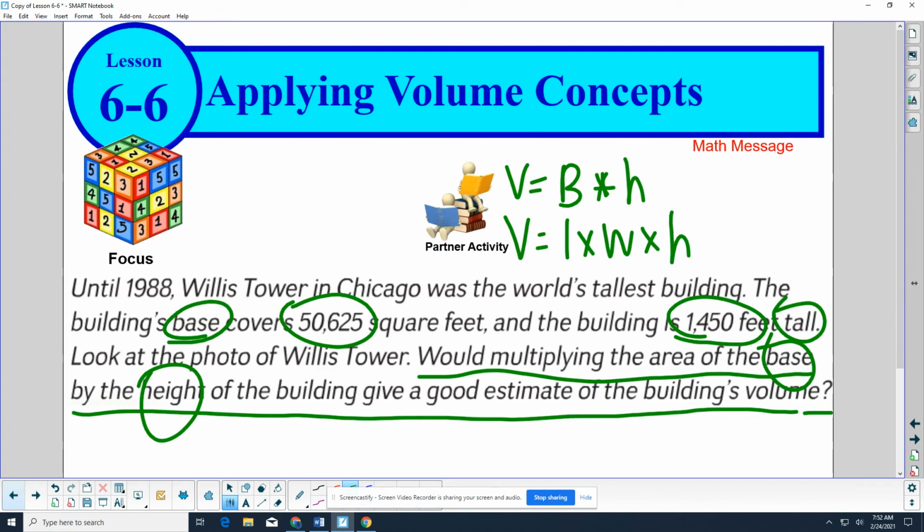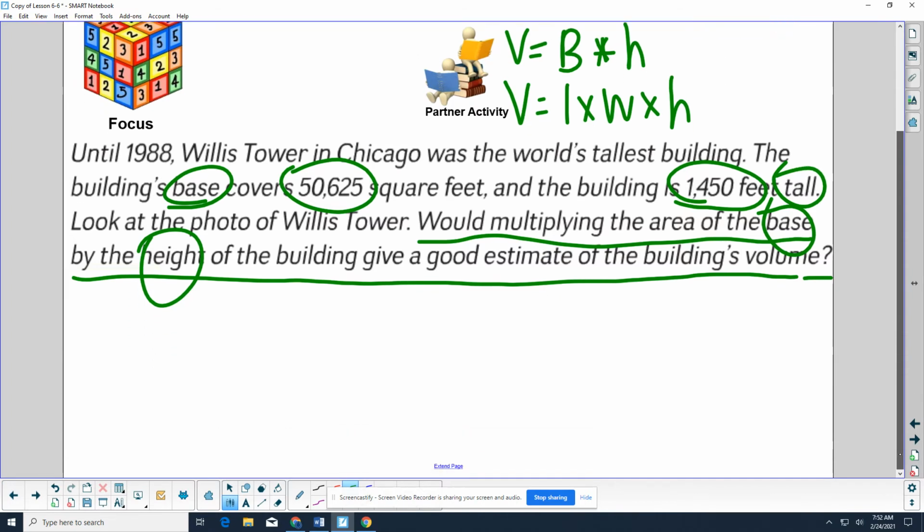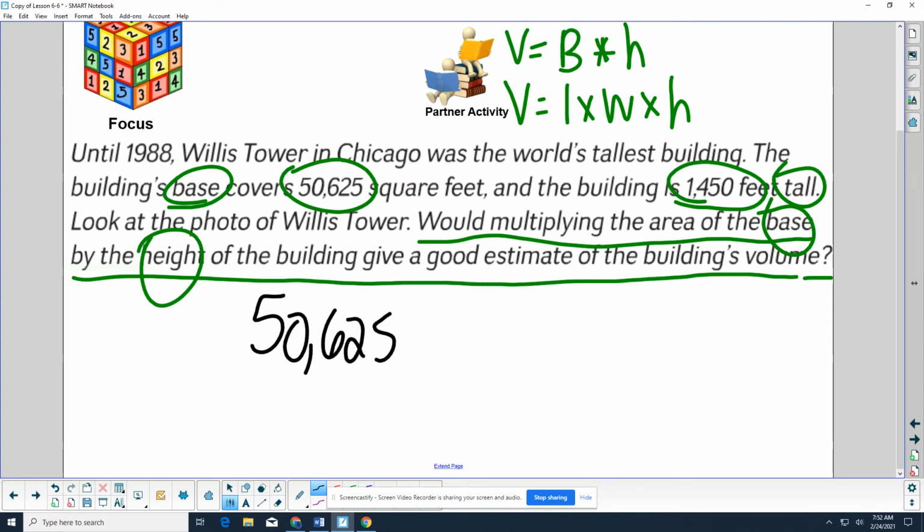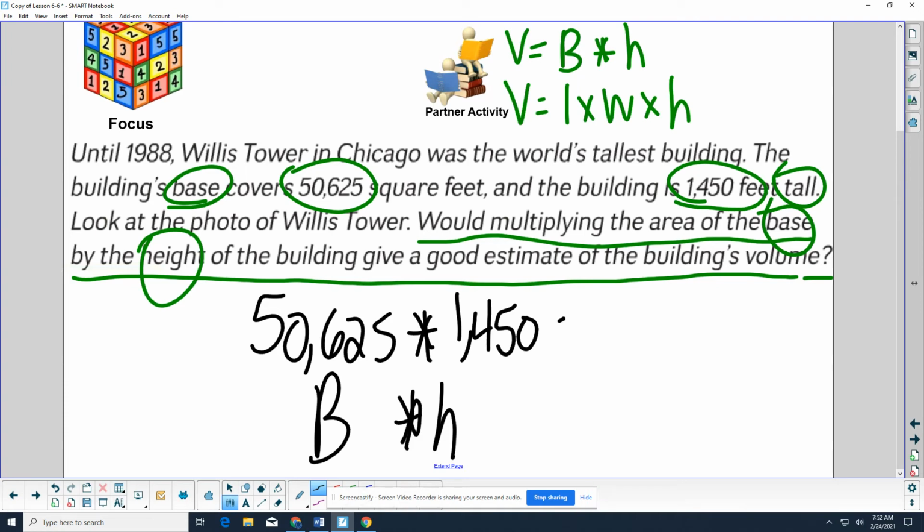And now I want you to take these numbers here. And remember, we said we could do base times height. So we have 50,625 square feet for the base. And remember, it's base times height. And 1,450 feet.